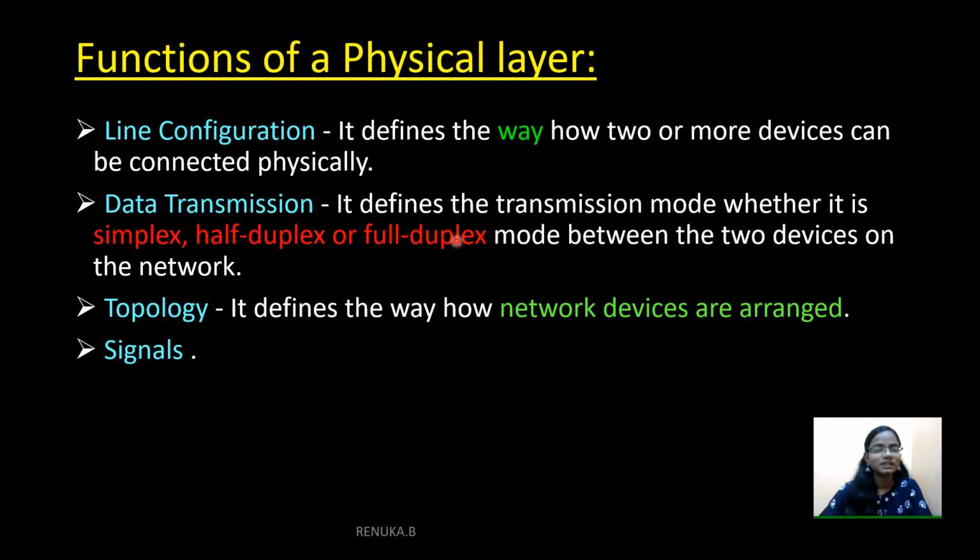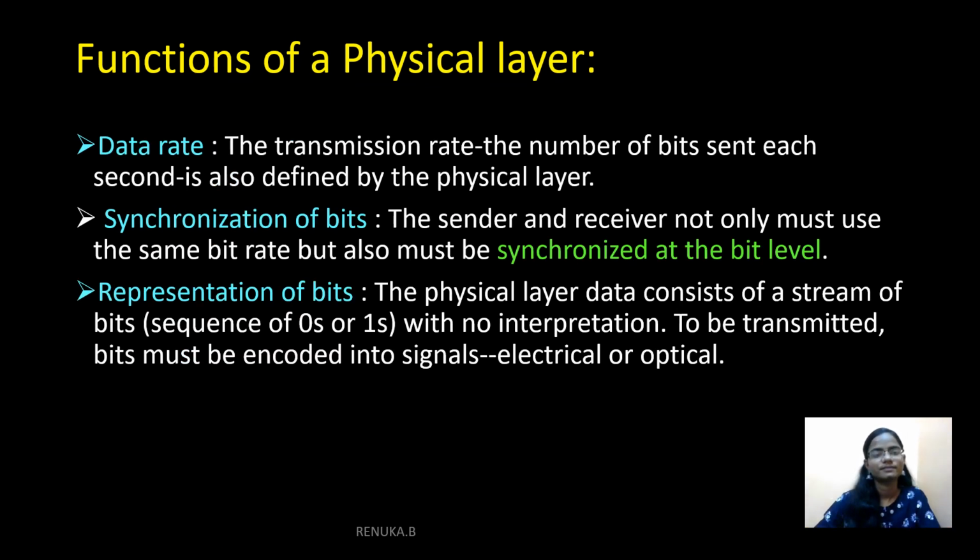It says whether it is a simplex, half duplex, or full duplex mode of data transmission between the two devices on a network. The next function is topology. It defines the way how the network devices are arranged. And the next function is signals. It determines the type of signal used for transmitting the information.